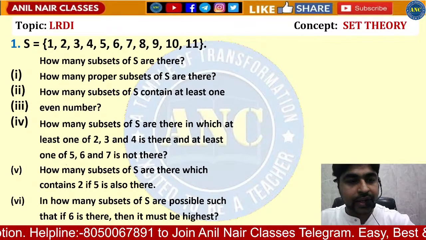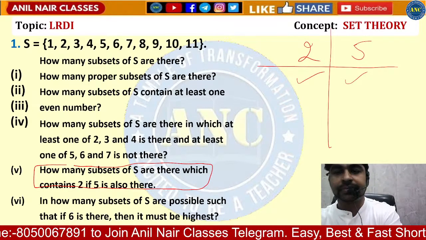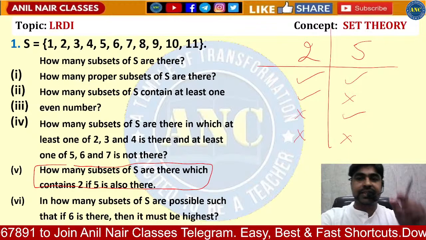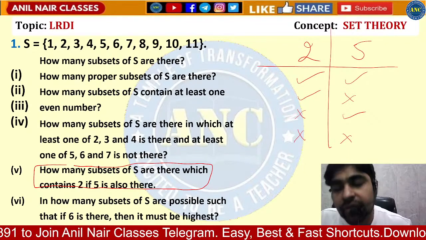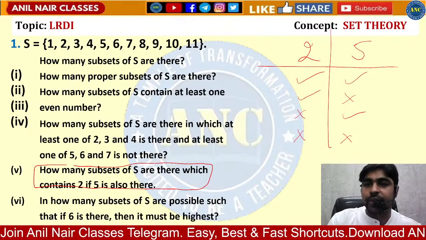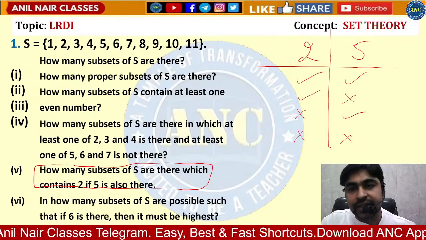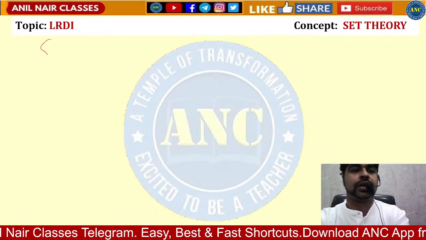It is saying contains 2 if 5 is also there. So among 2 and 5, what are the options do I have? Taking both of them, taking this, not taking this, taking this, not taking this, and taking neither of them. This is all I can do about choosing among 2 and 5. So my thought process is, 2 comma 5 make the combinations.